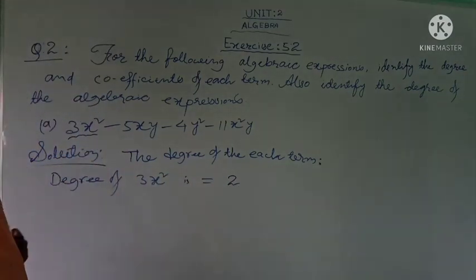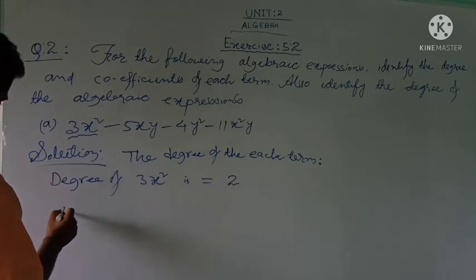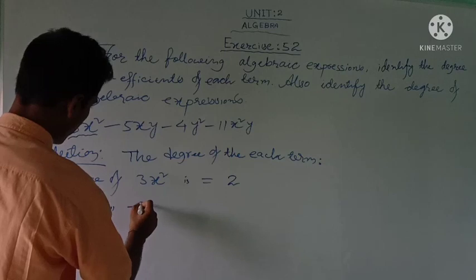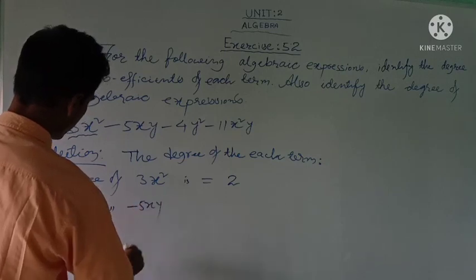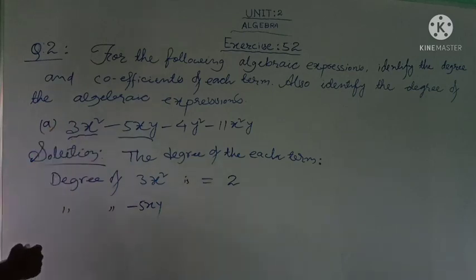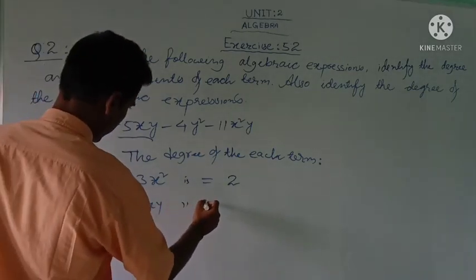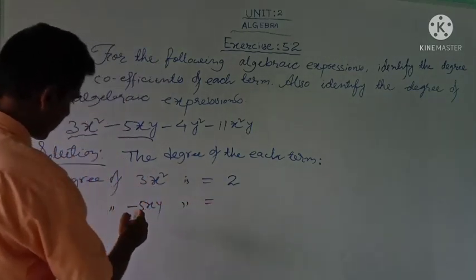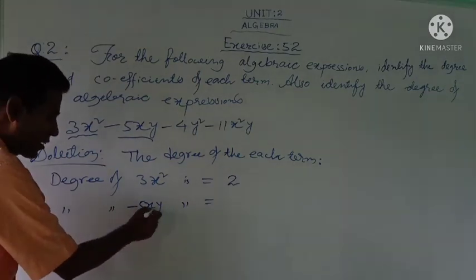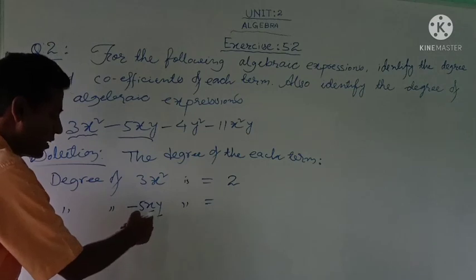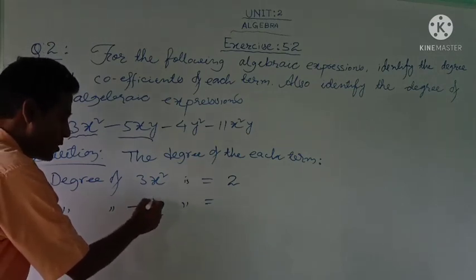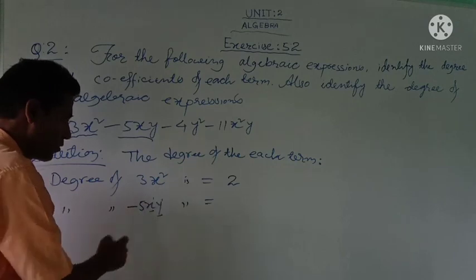Okay, now next, degree of second term we got minus 5xy. This is another one term. Now you see here we have got two variables. First variable we got x, then we got y, then power of x, here see no power means power is 1, and power of y is what? 1.